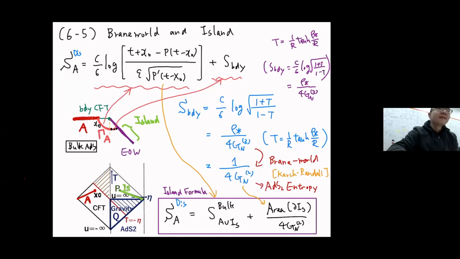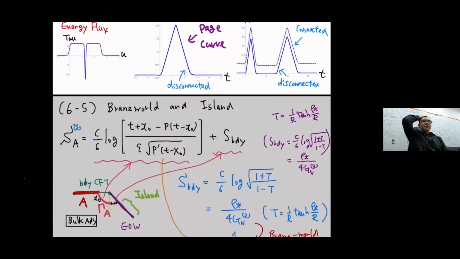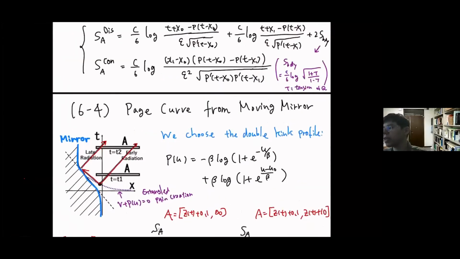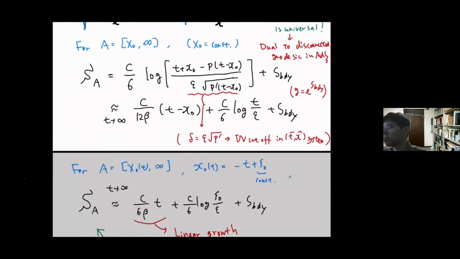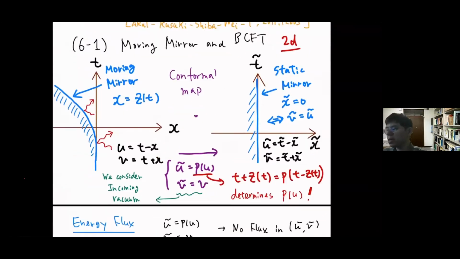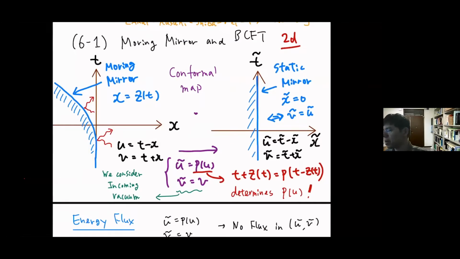Sorry, could I ask a question? Sure. So the mirror profile is quite special. Is it a unique way, or is there some artificial choice? Actually, you can choose any mirror profile you like. It's arbitrary, because we have this conformal mapping P. This is just a degree of freedom.